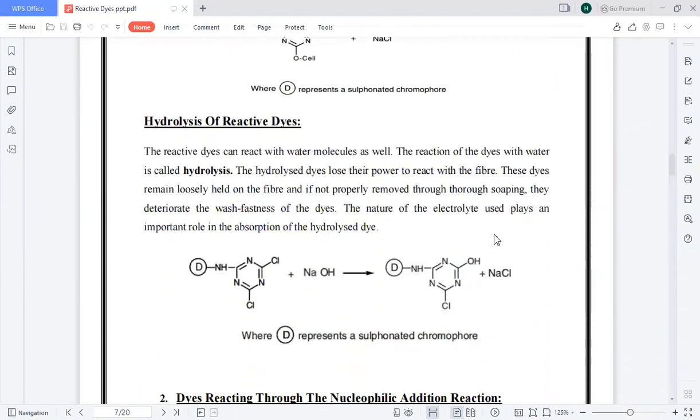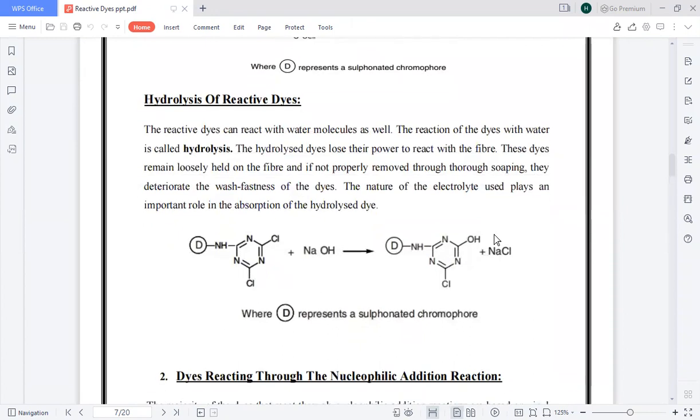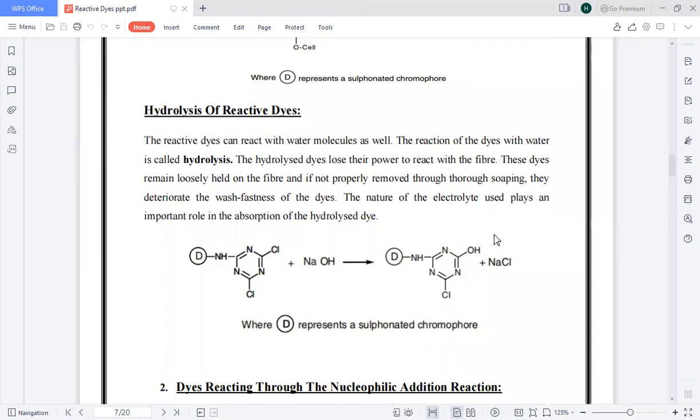In the reaction, there are two processes taking place. First reaction is the covalent bond that is formed between the dye and the substrate, that is the cellulose, and the second reaction is the hydrolysis of the dye.